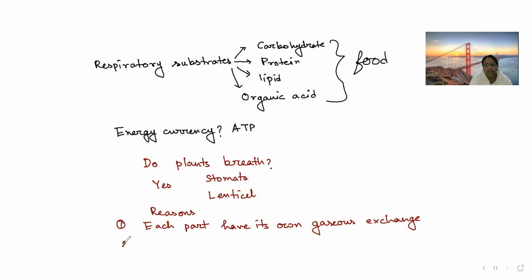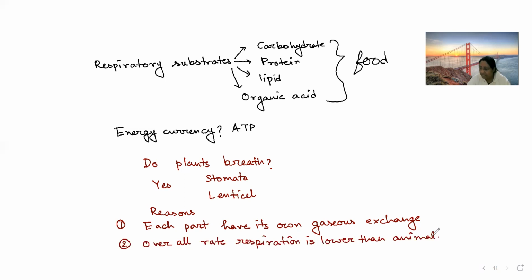Next, if I'm talking about plant parts, the overall rate of respiration is very low, and it can be managed because they do not have such a vigorous lifestyle like animals.